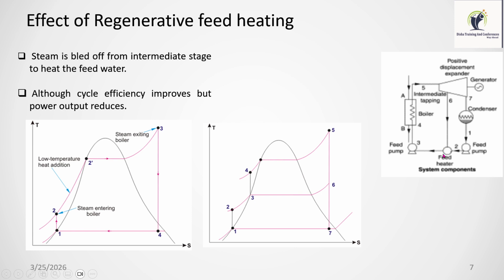So though overall capacity may come down because we are taking some extraction, and less steam is going to the remaining portion of the turbine, the efficiency of the system will increase, because here we are utilizing the latent heat of the steam and increasing the boiler feed water temperature. That's why the efficiency of the system will increase.